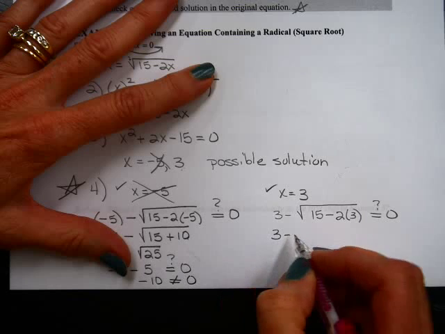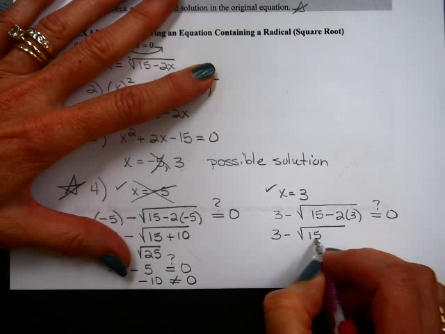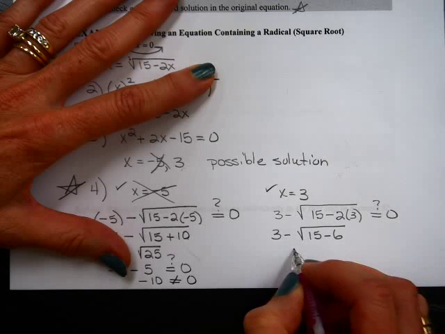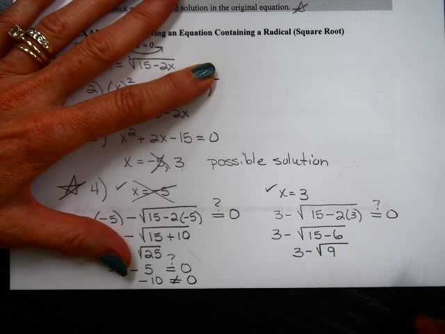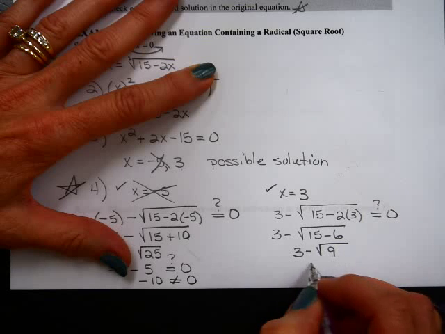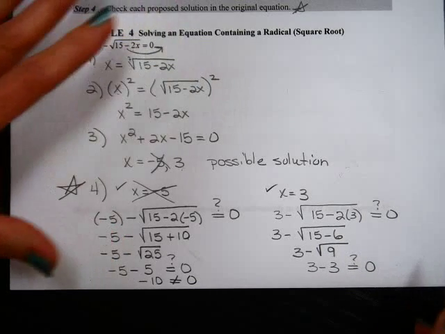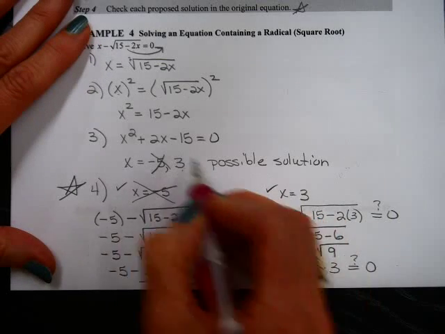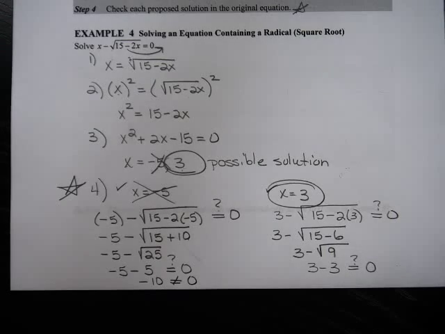So doing our arithmetic, 15 minus 6 is 9. The square root of 9 is 3, so this says 3 minus 3. Is that equal to 0? Yes, it is, and this one does check. So 3 is our solution. It is the only one that works.